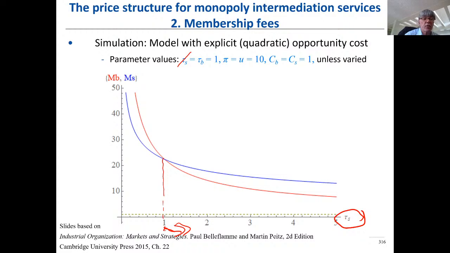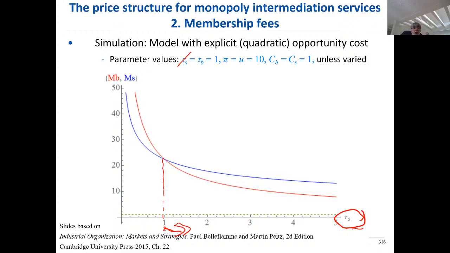That's why you reduce the membership fees. And you even do that more strongly on the other side, because the loss is larger. If you increase tau_S marginally, you only lose a very little bit in terms of the surplus of the sellers.